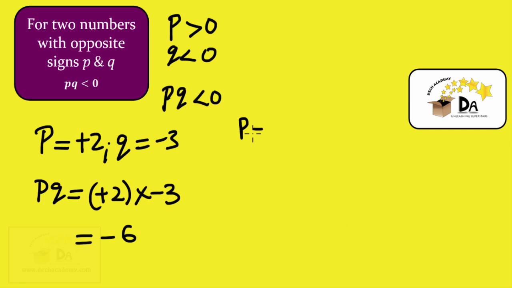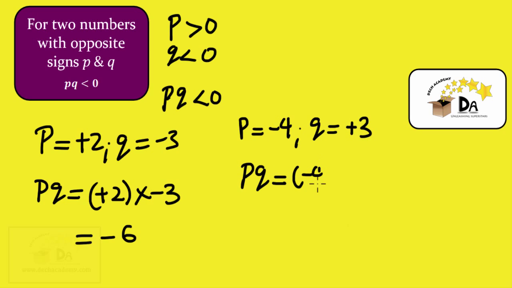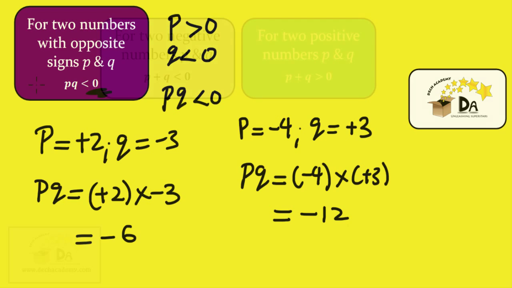So let's say p is now a negative number like minus 4 and q is a positive number like plus 3. The product of p and q is minus 4 times plus 3. We expect this to be a negative number just from this rule, and when you multiply this out, you get minus 12, which is a negative number. So to just repeat, for two numbers with opposite signs, their product is always a negative number.